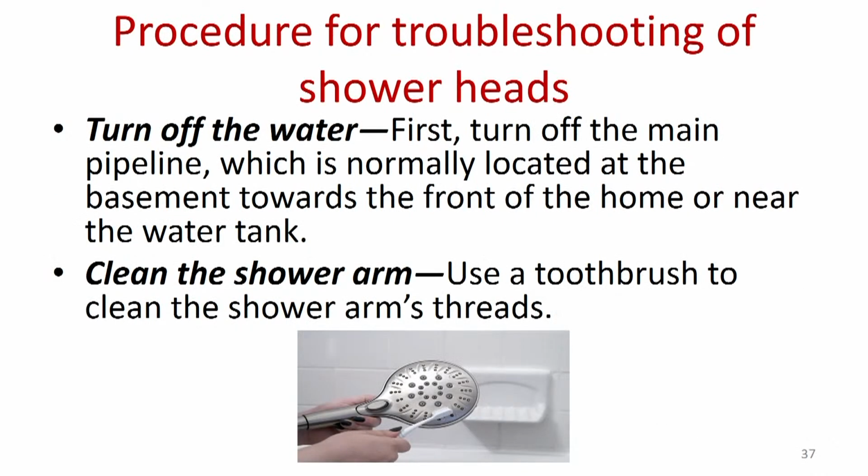So what we will do is turn off the water, take the shower head out, and take a brush. It is very easy, but it should be done on a regular basis. Don't wait for problems to occur, preventive maintenance is always better.